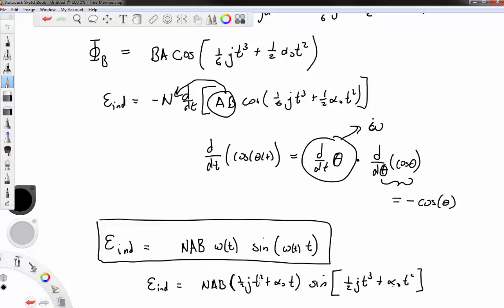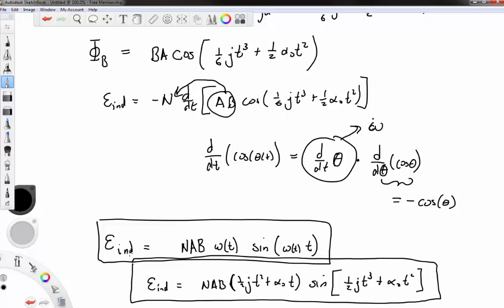So this is the functional dependence as a function of N, A, B, j, alpha naught, and t.